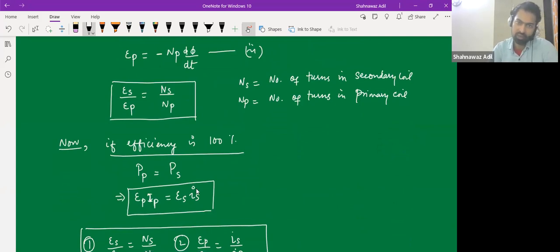So here, P is power in the primary coil and PS is power in the secondary.